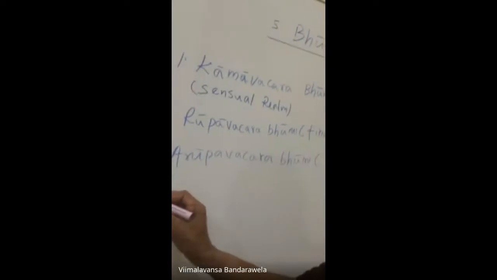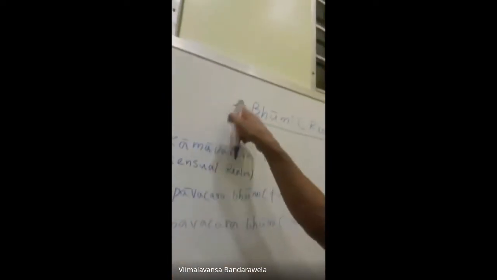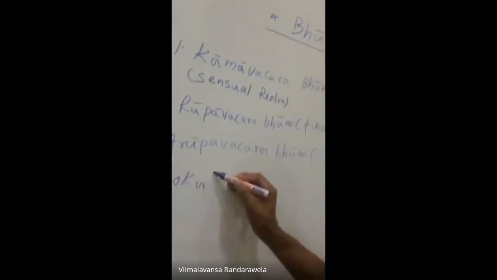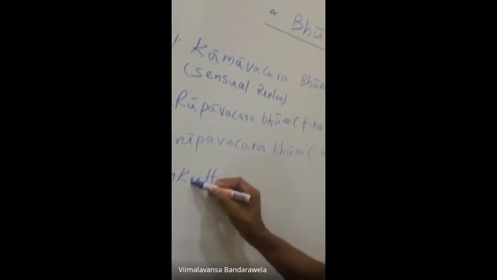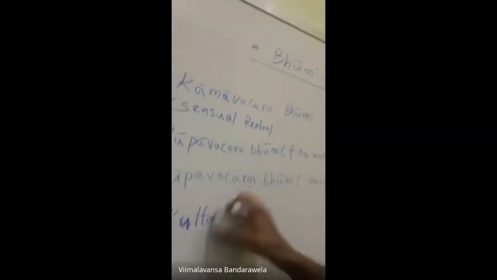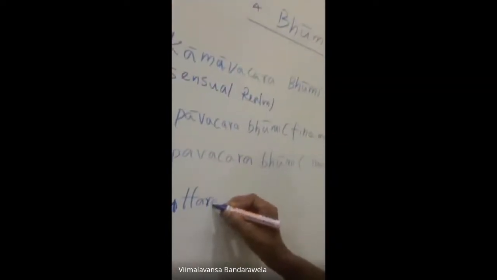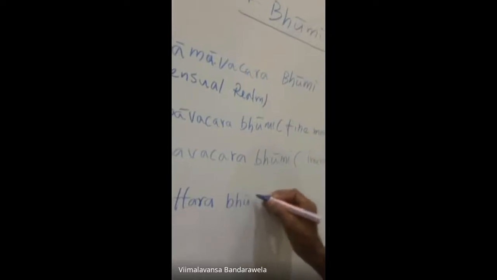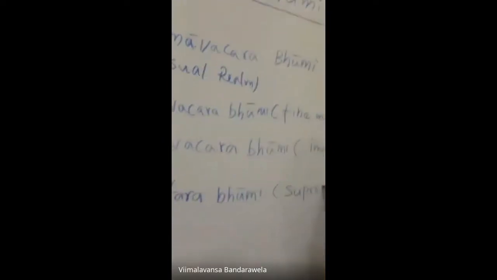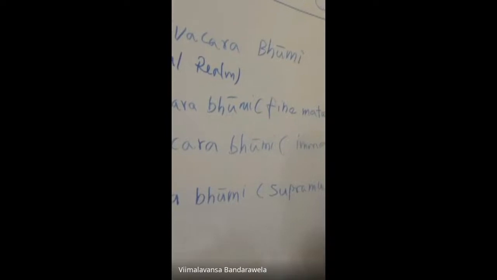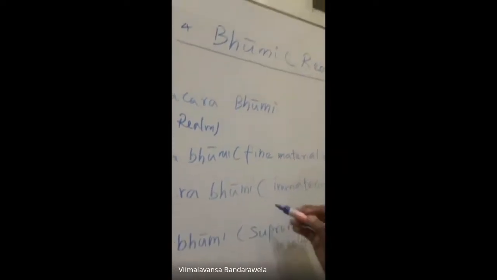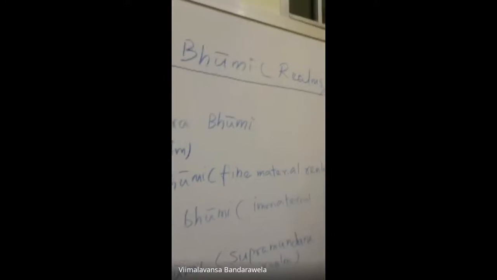The other one, the fourth bhumi, is Lokuttara bhumi, which means the supramundane realm. So the others are mundane realms.